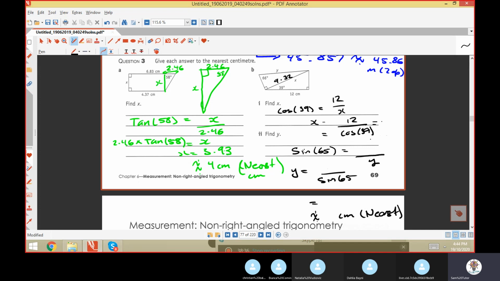So this will be 15.44, but it approximates to 15 centimeters. That's what the question asks. But for the next part, you'll do opposite over hypotenuse, so it'll be 15.44 over sine 65. Yeah.